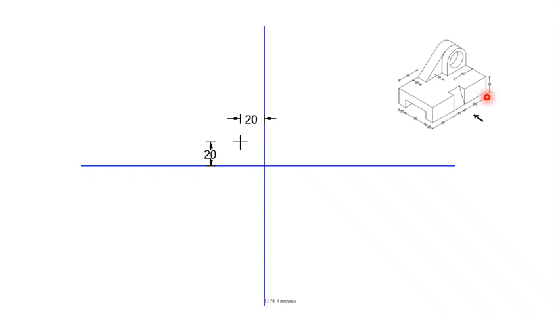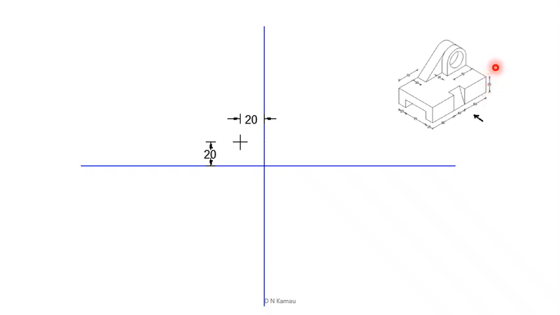We are going to place this corner here, and because now we are doing orthographic drawing, we shall just be drawing orthogonally, meaning all our horizontal lines will be parallel to this, and all our vertical lines will be parallel to that. So, for example, this will be a horizontal line. The whole of this will be a horizontal line, and the whole of this, the height, will be a vertical line.